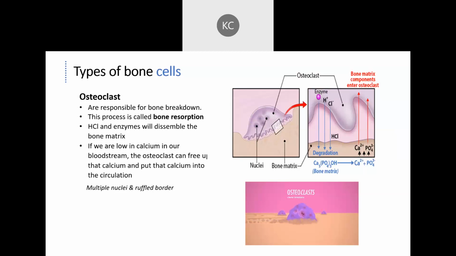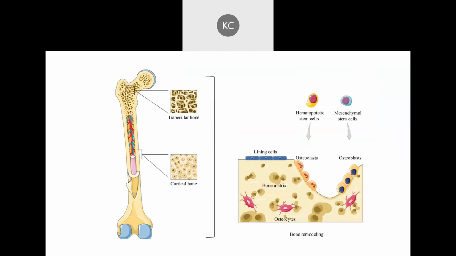The other ones, osteocytes and osteoblasts, are derived from the osteoprogenitor cell. So this osteoclast is ultimately derived from an immune cell, the same cell that makes up macrophages, which is a type of cell in our immune system. That's what gives rise to this osteoclast, not the same precursor cell that gives rise to osteoblasts and osteocytes. So keep that in mind.